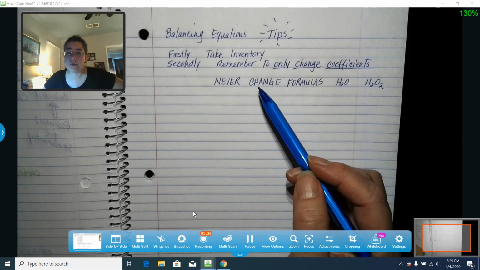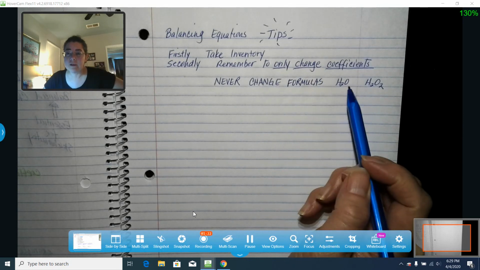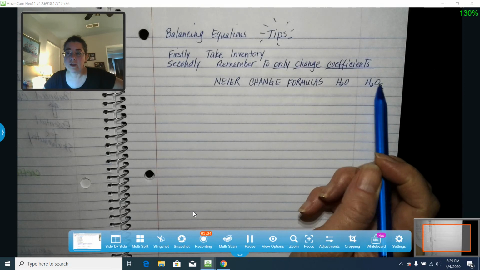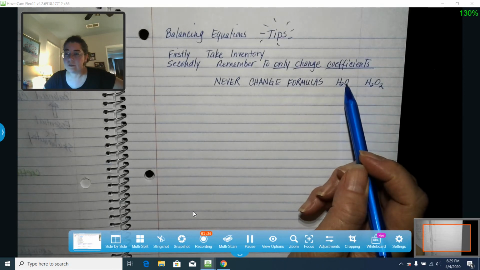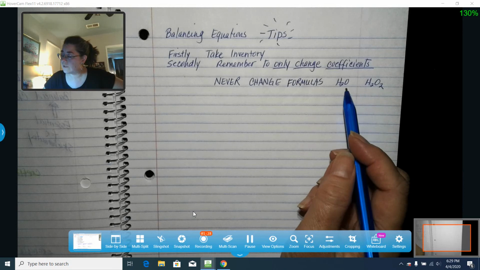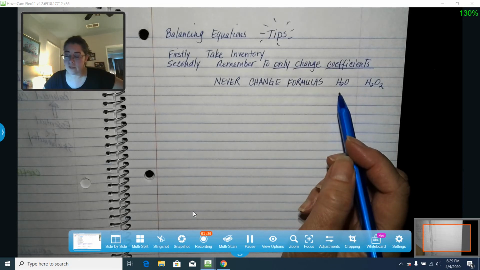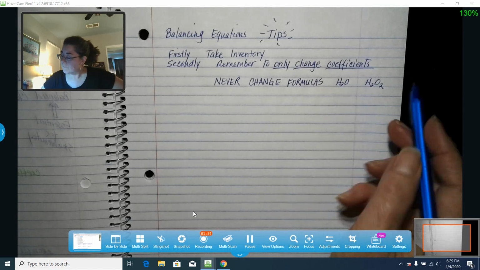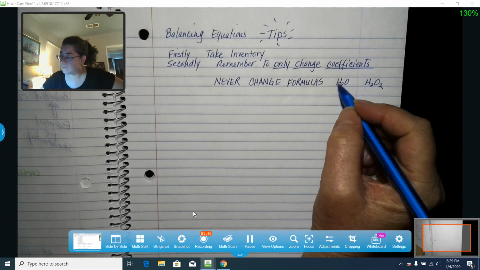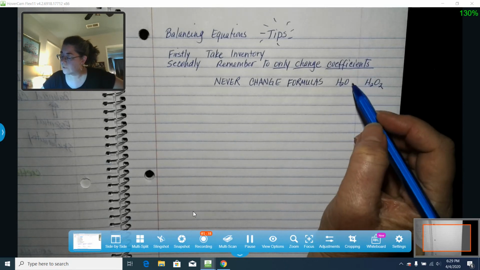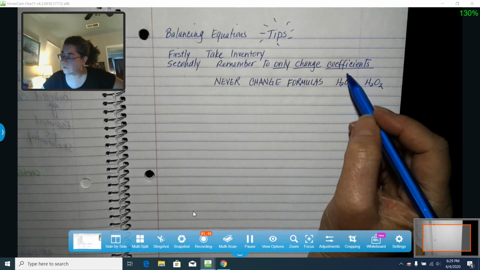So when you're trying to balance, you cannot change a subscript. And the reason why is because in an equation, you're actually saying what is turning into what. So you have to properly, accurately represent what it is by its formula.